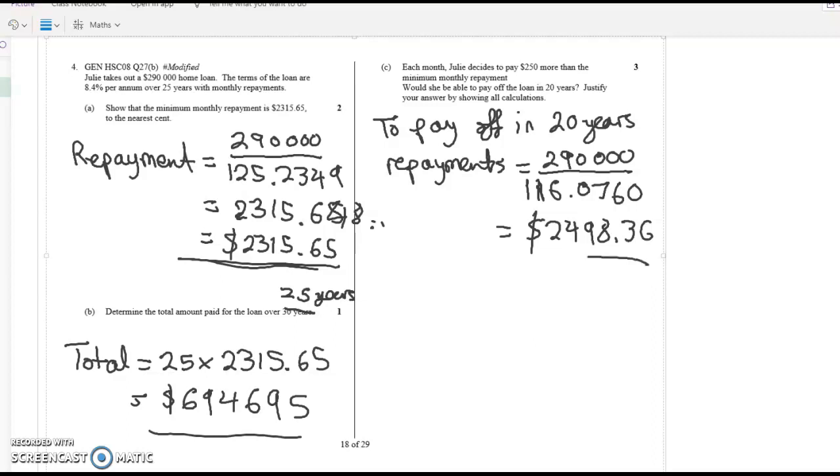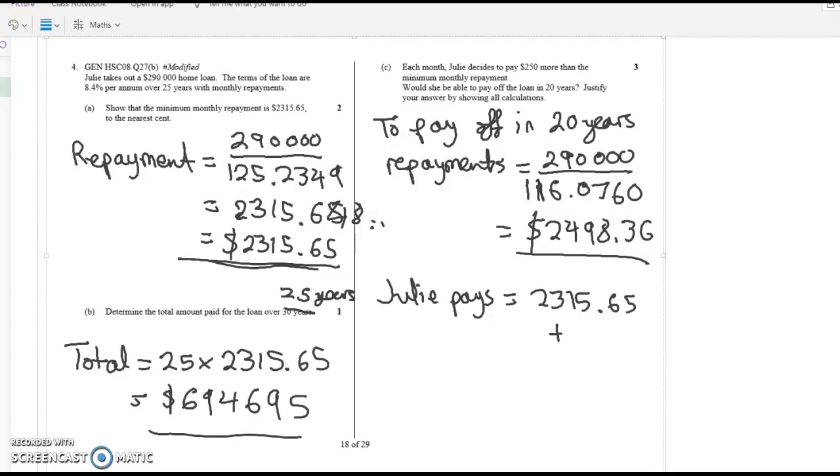So if that's what is required to pay it off in 20 years, does her addition of 250 give her enough? So Julie pays, how much does she pay per month? She pays that first amount from earlier in the question, 2315.65.